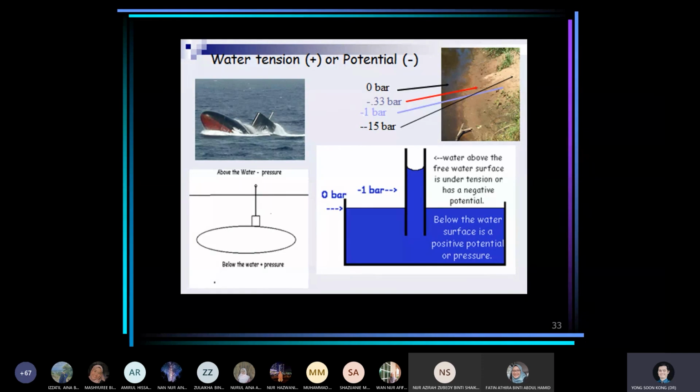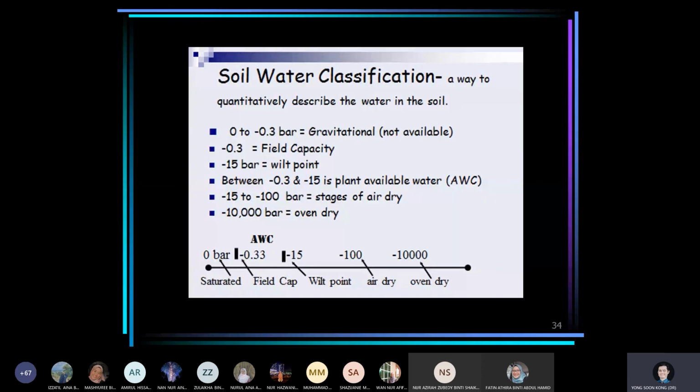So from here I am just going to show you one more time the so-called scale of this water potential alongside the soil water classification. Just now we've learned there are a lot of soil water conditions, starting from the highest water content, the saturated condition.